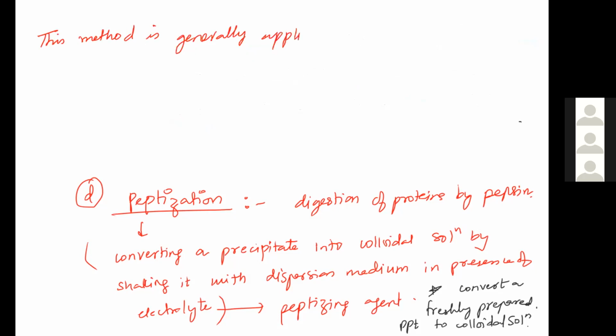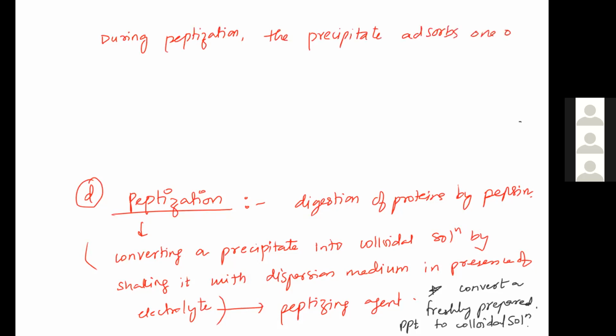So this method is generally applied to convert a freshly prepared precipitate. So what happens during peptization? During peptization, the precipitate adsorbs one of the ions of the electrolyte on its surface.